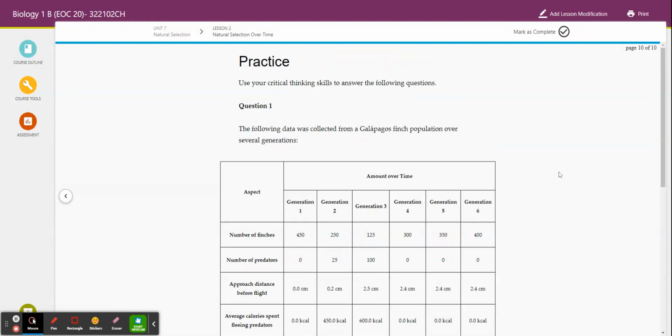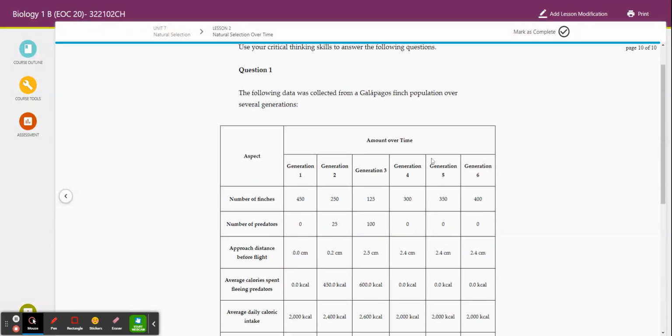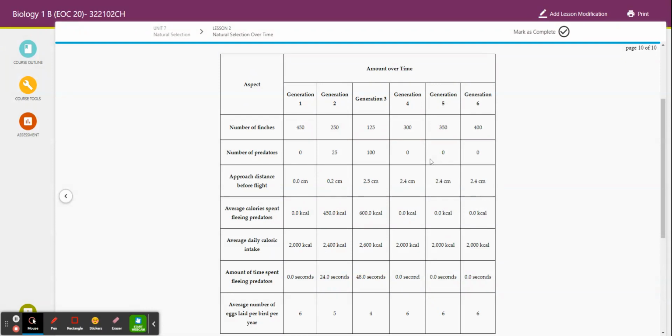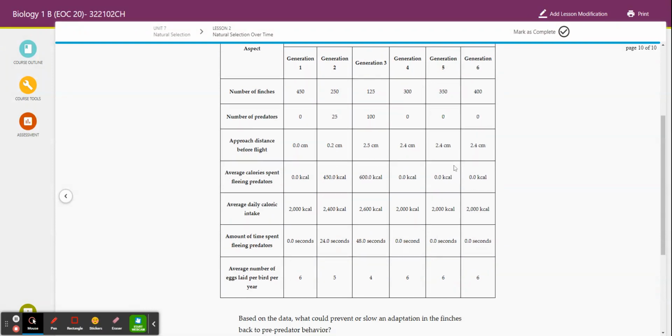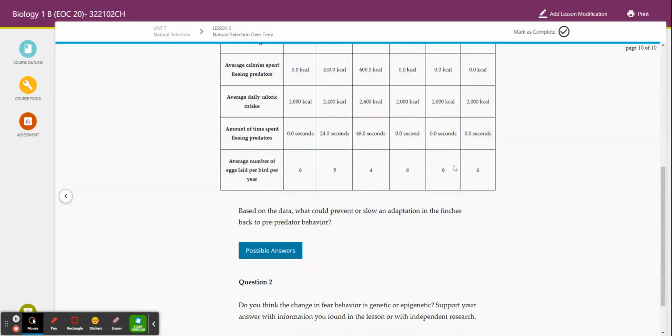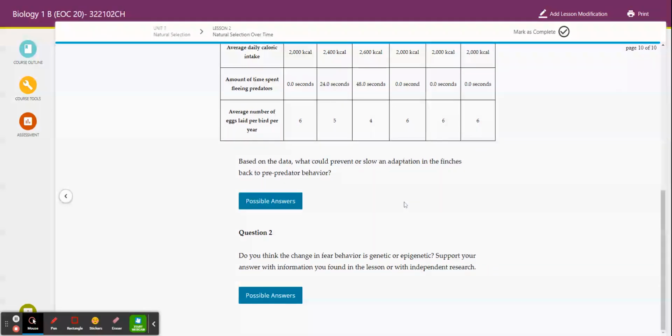Practice. Use your critical thinking skills to answer the following questions. Question 1. The following data was collected from a Galapagos finch population over several generations. Based on the data, what could prevent or slow an adaptation in the finches back to pre-predator behavior?